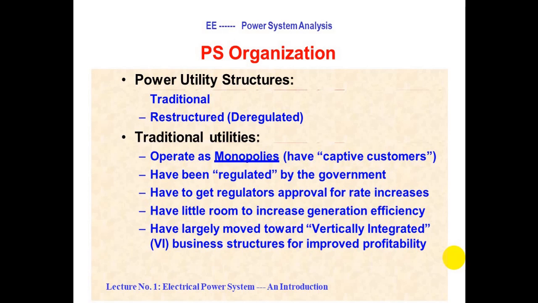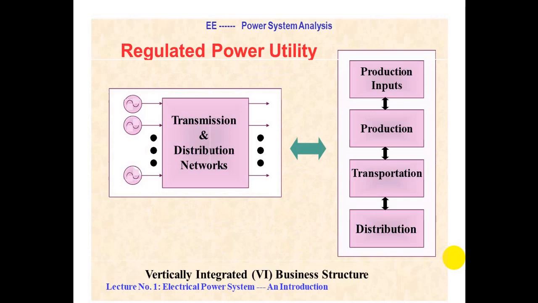So there are a lot of concerns in the traditional utility system. When we talk about regulated power supply, we need to talk about this vertically integrated business structure, which involves the transmission and distribution network. We talk about production inputs, production, transportation, distribution.